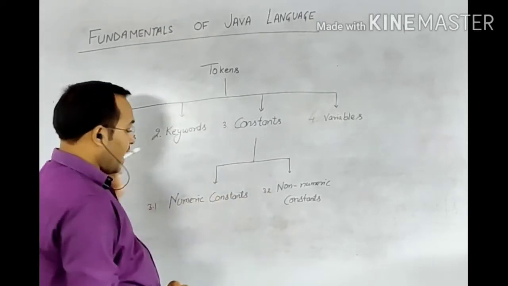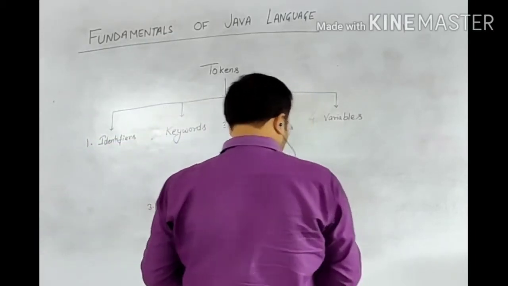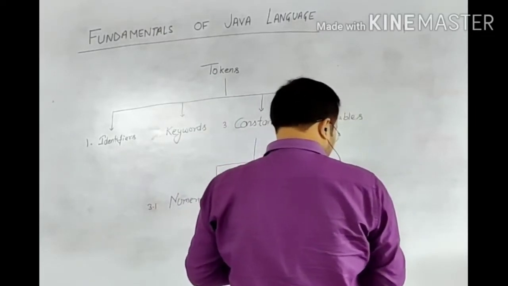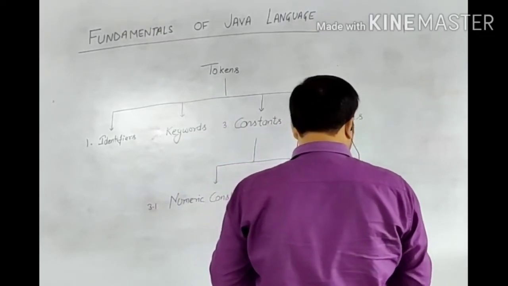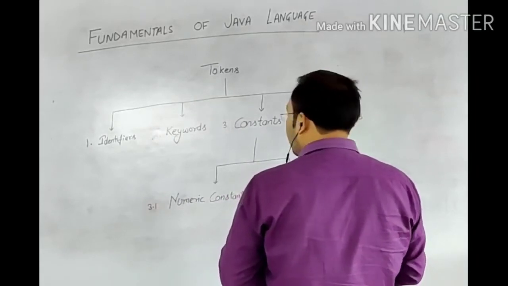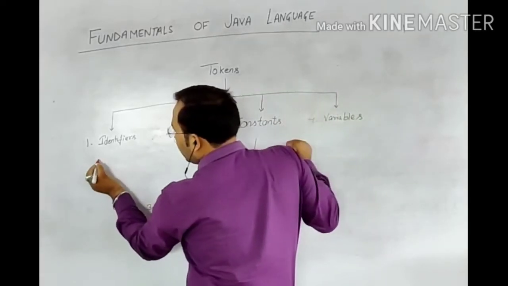So that's why it is called an identifier. An identifier that we use in a program may be composed of any combination of letters A to Z, that means capital A to Z, and small a to z.